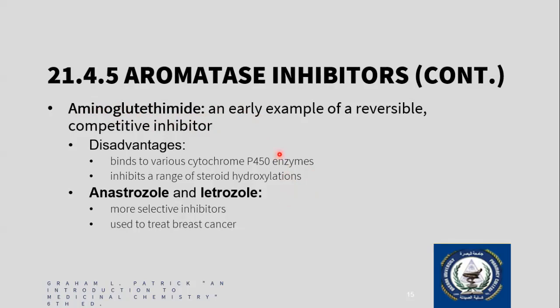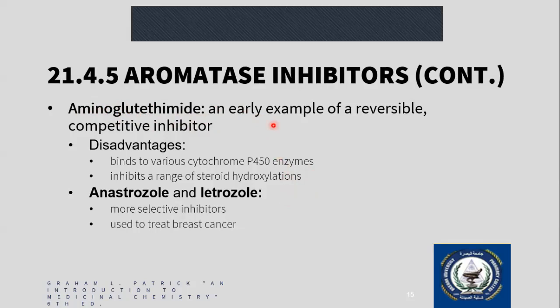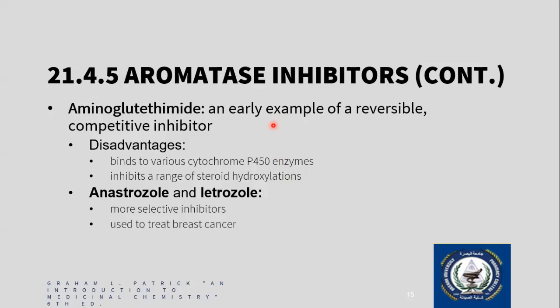And aromatase makes estrogens from androgens. So if we stop aromatase, we will stop the synthesis of estrogen and we will stop the growing of the breast cancer. It is used as an alternative therapy for breast cancers that are resistant to tamoxifen.